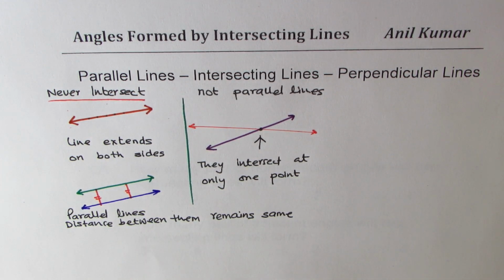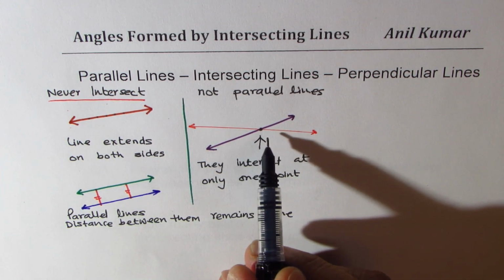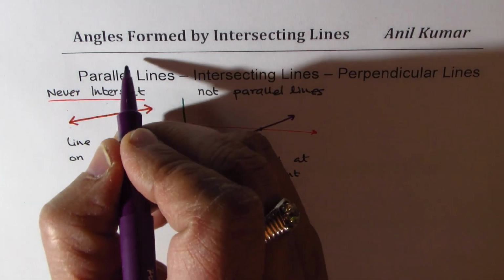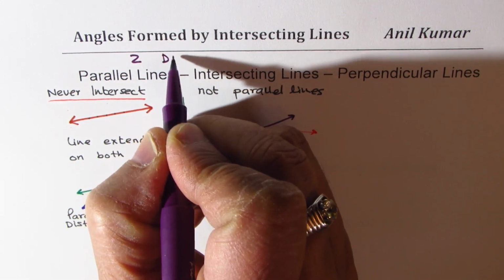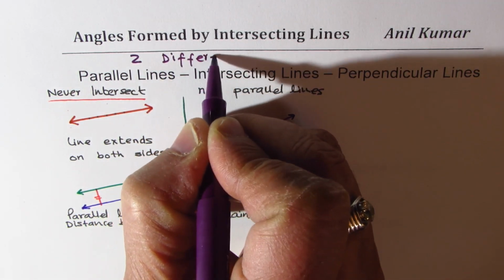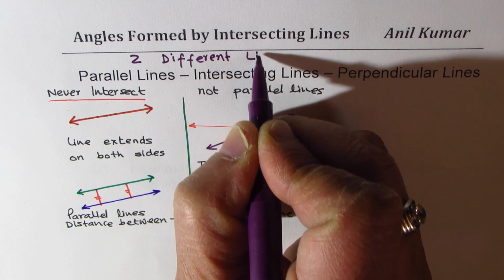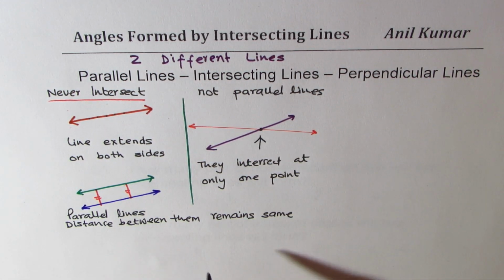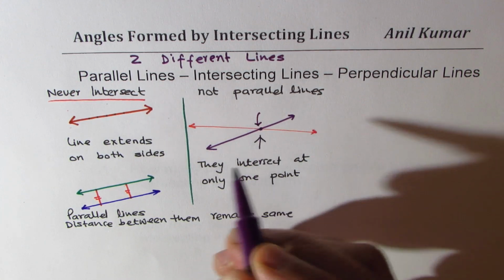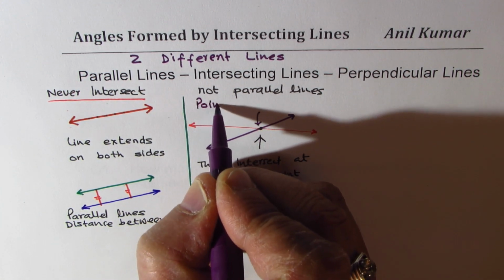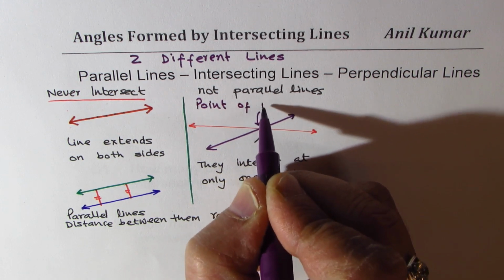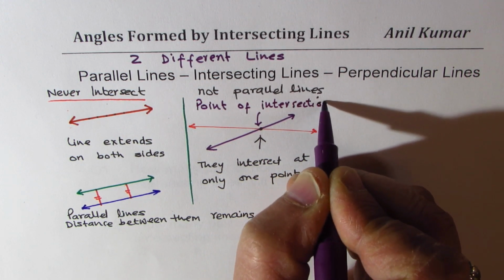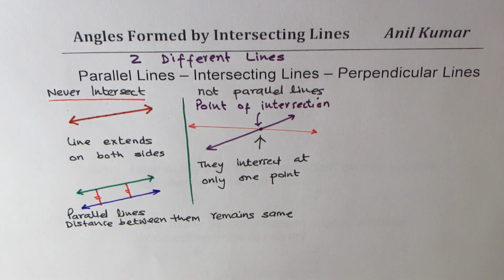So we're talking about two lines, two different lines, right? So what we're talking about here is two different lines. So they have only one point in common, and this point is called point of intersection. Correct?